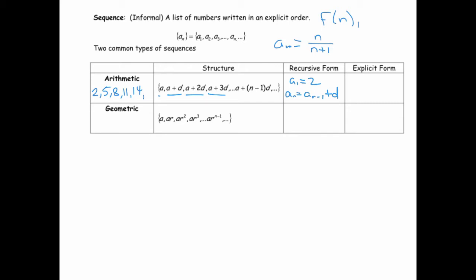An explicit formula would be one in which we can plug in any integer, like 20, and the formula should give out the 20th term in the list. So for an arithmetic sequence, it always follows this same structure. Your explicit formula is always your first term plus your difference added n minus 1 times.